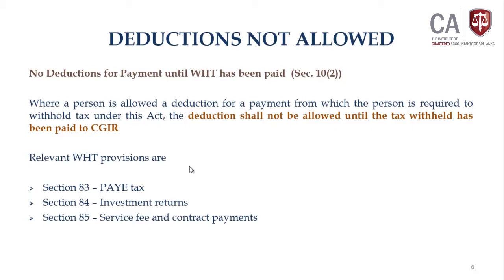What I am trying to say here is, if you do not comply with the withholding tax provision, without deducting 10%, if you pay the whole amount, the entire 1 million, to the landlord, the whole expense will be a disallowable item. Then what will happen? Consequence.